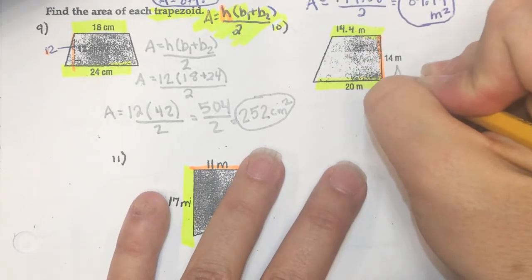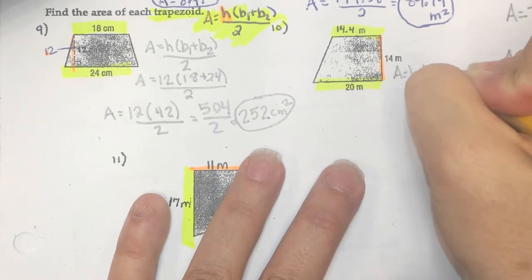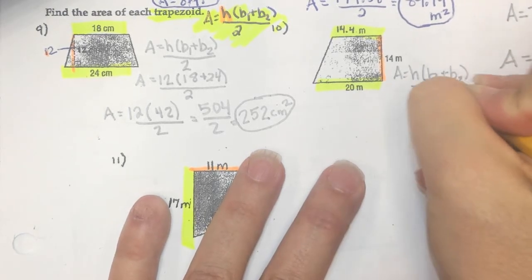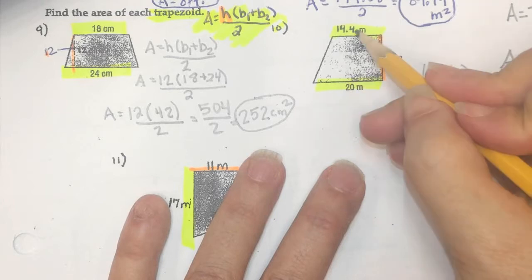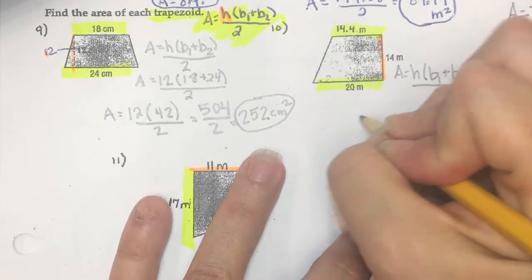Here I go. A equals height times base 1 and base 2 added together. Listen, it doesn't matter which one you pick as base 1 and base 2. You can swap them, it doesn't matter.